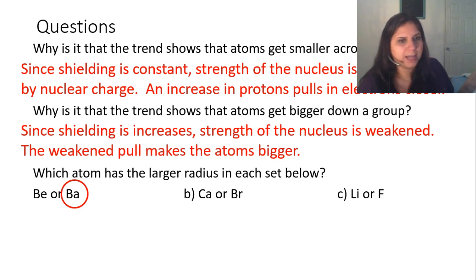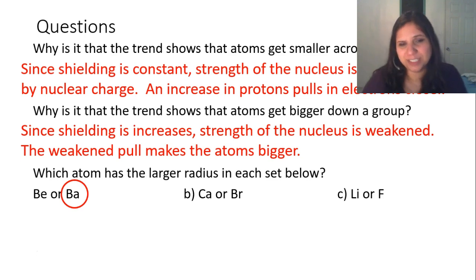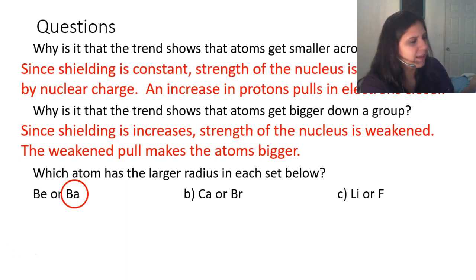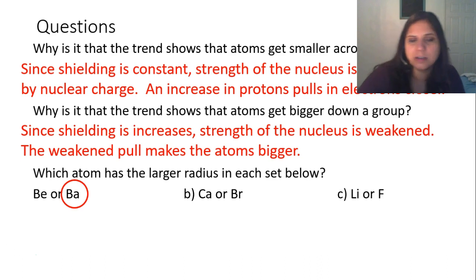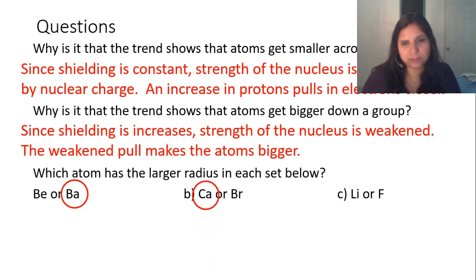And the reason for that, so not only do you have to be able to predict which one is smaller, which one's bigger, you have to be able to explain the reasoning behind this. And so calcium has the same amount of shells, but bromine has more protons, so it has a stronger nuclear charge. So bromine would be smaller, which would make calcium the bigger one of those two.